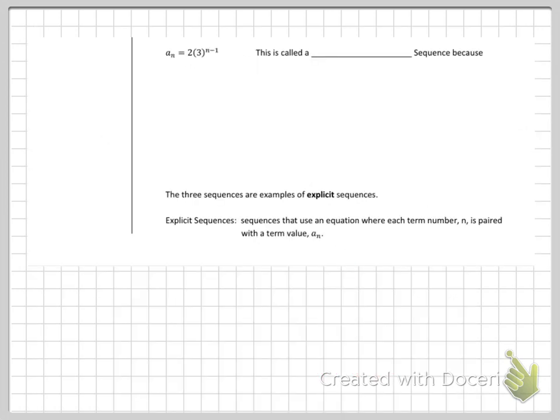The next example, go ahead and start plugging in 1, 2, 3. See if you can come up with the first 5 terms of the sequence. When you do 1 minus 1, you get 3 to the 0. Anything to the 0 is just 1, so my first term is 2.